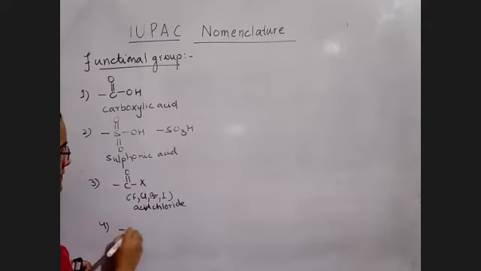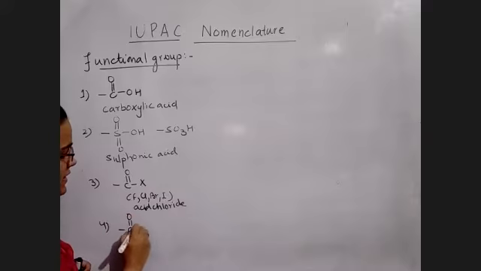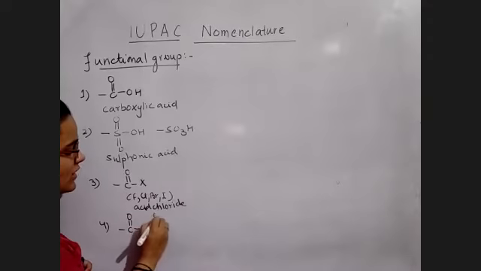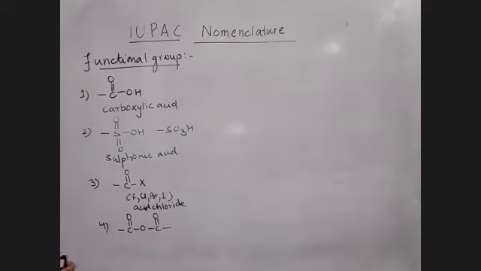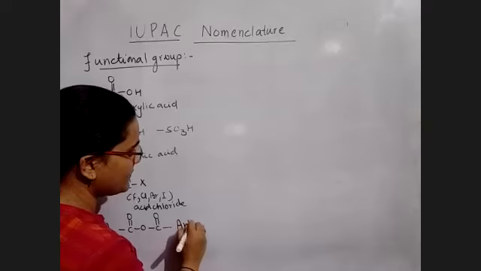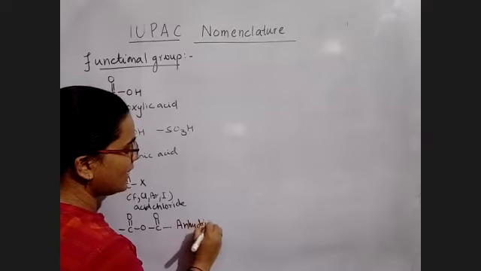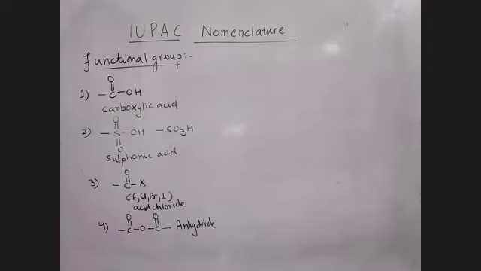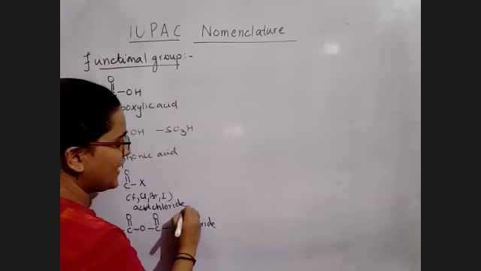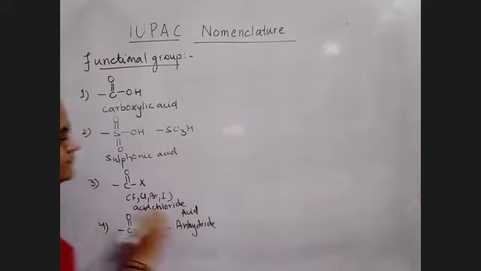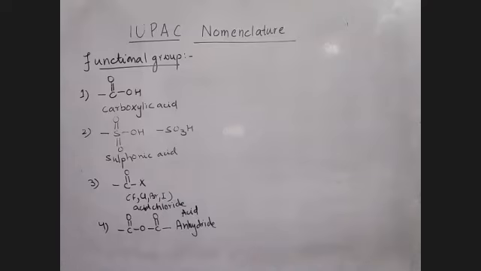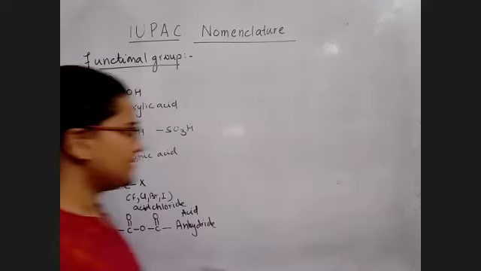Fourth, COOCO. If this kind of linkage is present, 2 CO and between 2 CO, 1 oxygen is present, it is known as anhydride, or acid anhydride. Both names are correct.